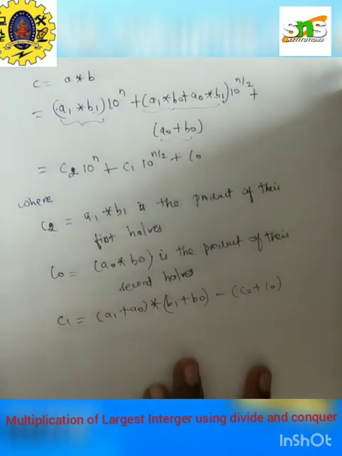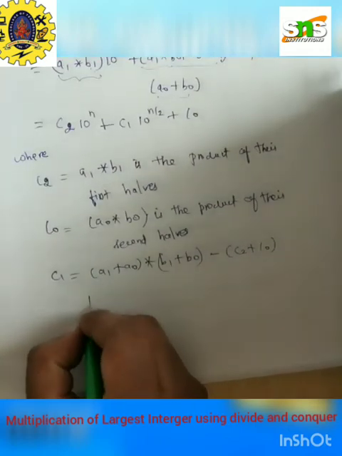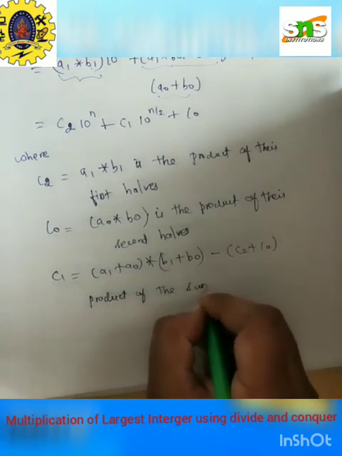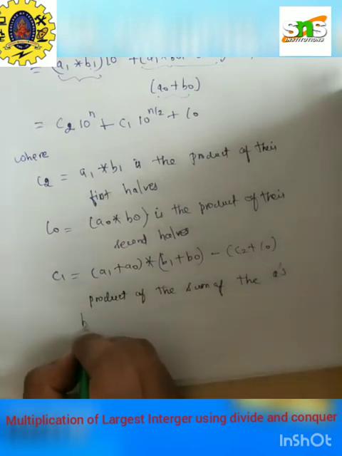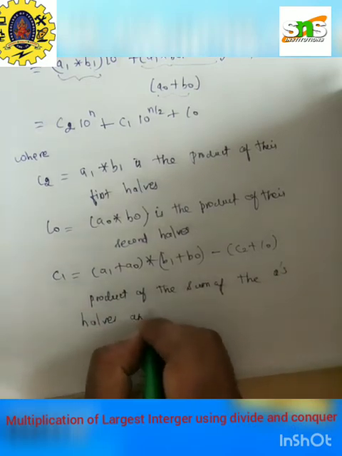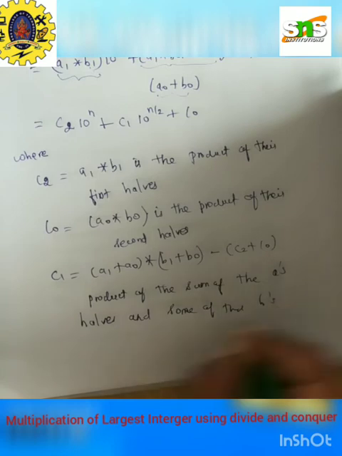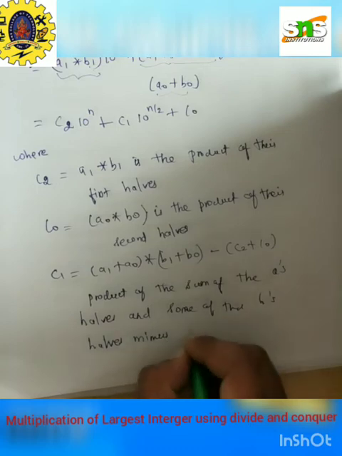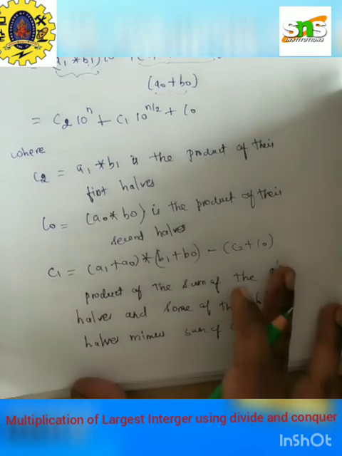Okay, so this C1 is nothing but the product of the sum of the A's halves and the sum of the B's halves, minus the sum of C2 and C0. So this is the C1.